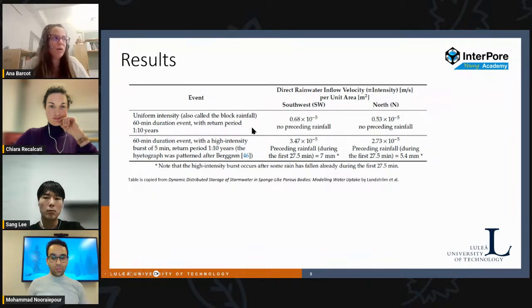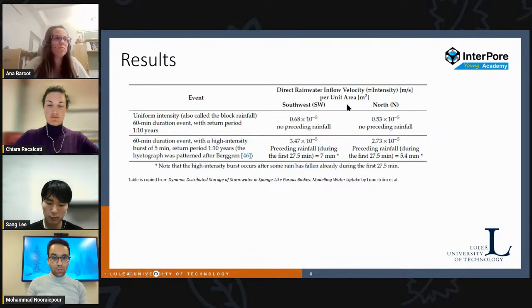The two events are the so-called uniform intensity or block rainfall of 16 minutes of average duration with a return period of 1 to 10 years. And in another event, the same event, however, here we include a high intensity burst of 5 minutes, with, as I already said, the two locations in Sweden.